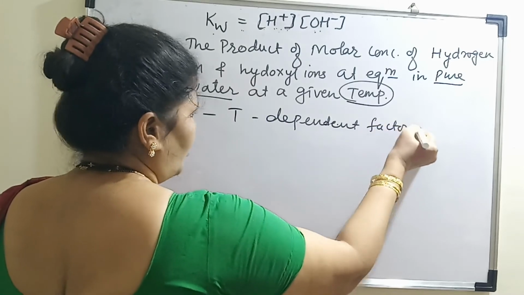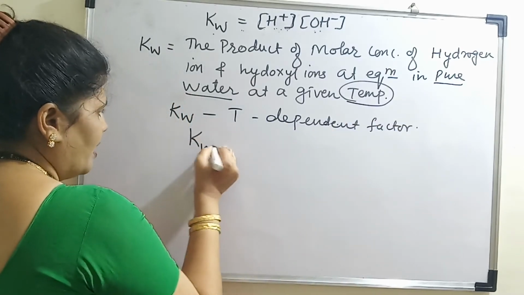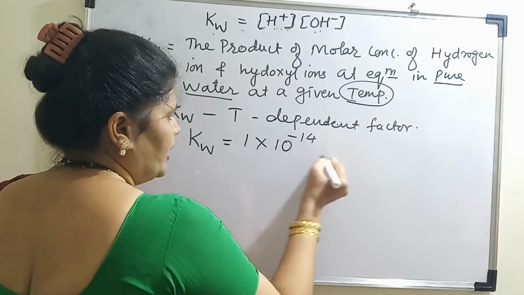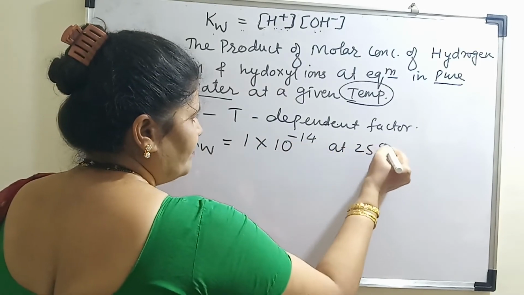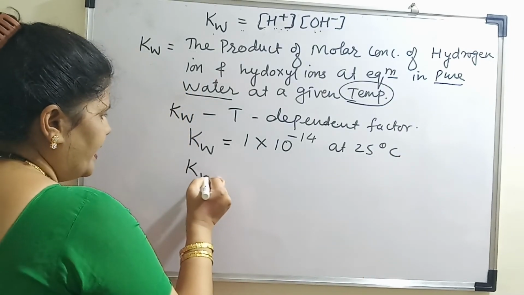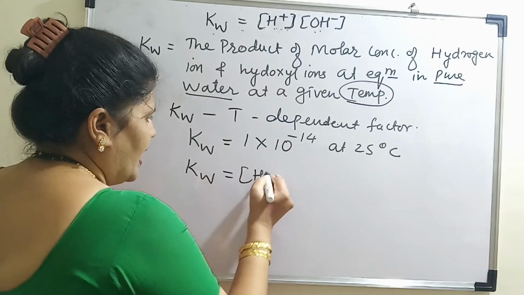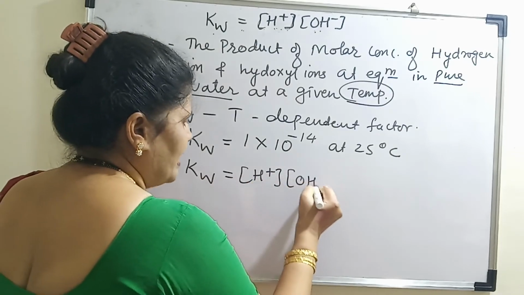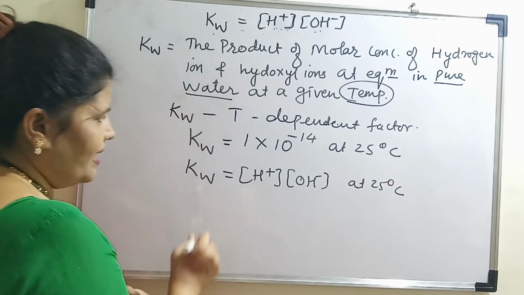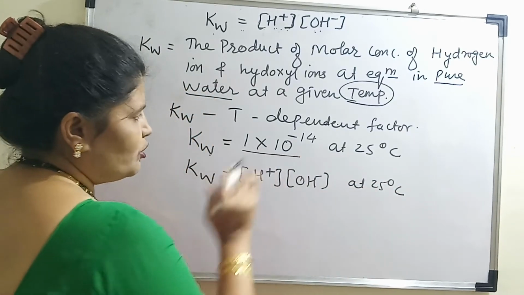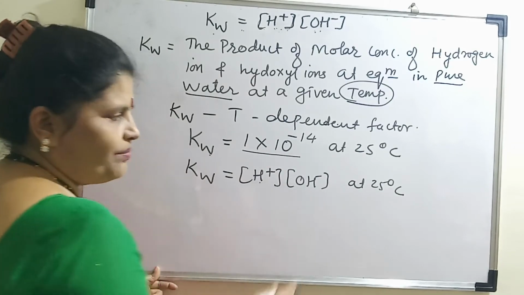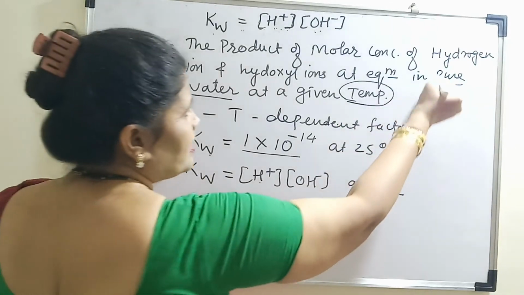Now let us see what this Kw value is. Kw is equal to 1 into 10 raised to minus 14 at 25 degrees Celsius. This is a fixed value. So if I consider Kw is equal to H plus OH minus ions, then at 25 degrees Celsius, when I say that Kw is 1 into 10 raised to minus 14, it means there is equal contribution of H plus and OH minus ions if water is pure.